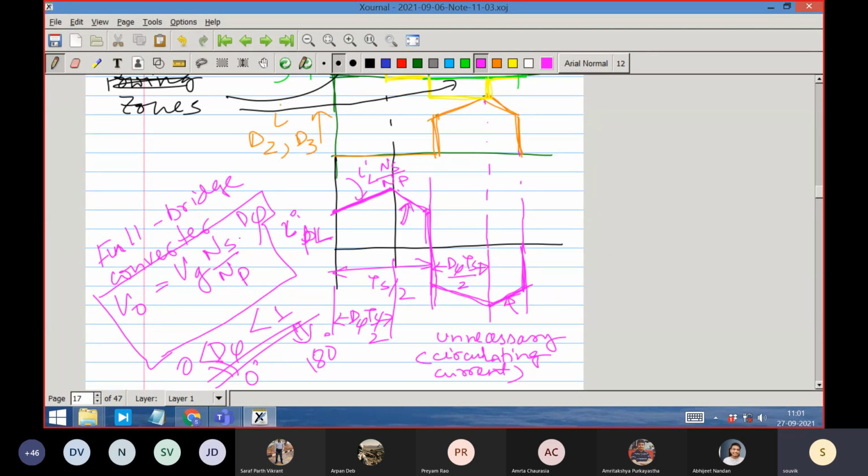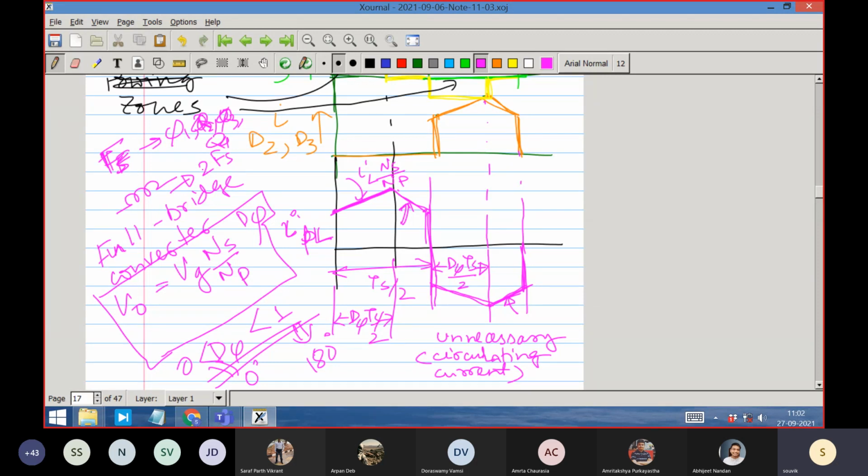The inductor is operating with a voltage supply that has a frequency of 2fs.